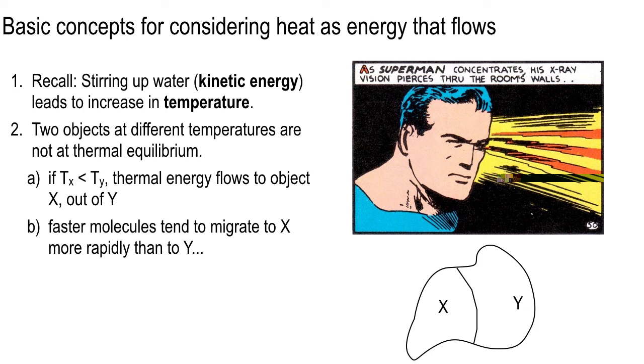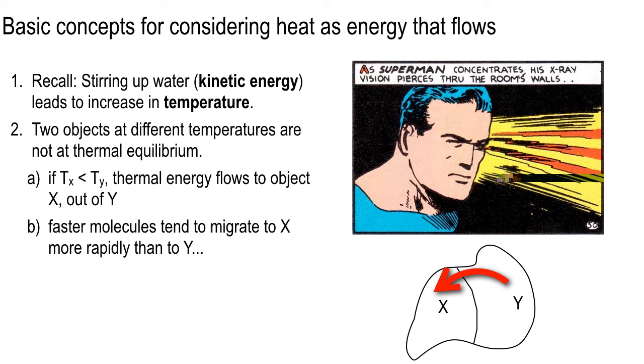Now, molecules are probably migrating over from X to Y, but they're not so fast. But from Y, they're zipping on average. They're zipping. All right, and that is why the heat. So here's a big red arrow of energy, kinetic energy.